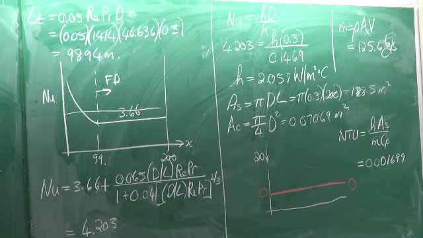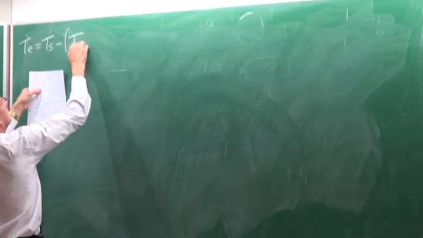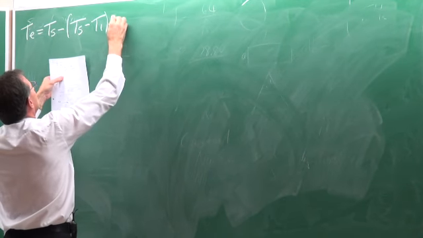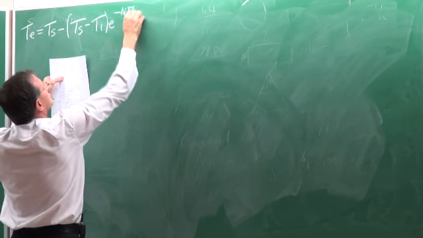Now, from the NTU method, we can calculate the outlet temperature, and we've derived this equation previously. The outlet temperature is the surface temperature minus the quantity surface temperature minus the inlet temperature, times e to the minus NTUs.